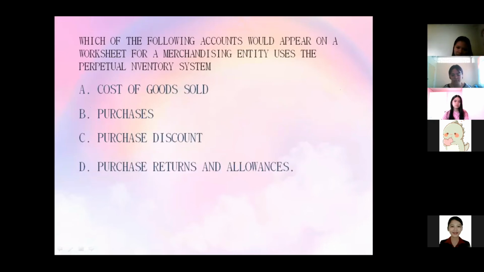Ito, multiple choice. Which of the following accounts will appear on a worksheet for a merchandising entity that uses the perpetual inventory system? A. Cost of goods sold. B. Purchases. C. Purchase discount. D. Purchase returns and allowances. A, B, C, or D?